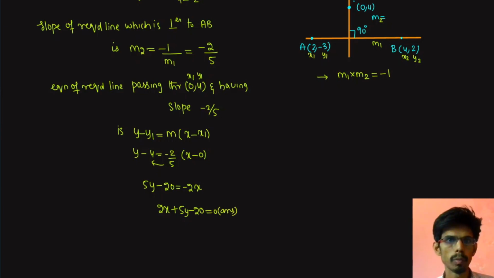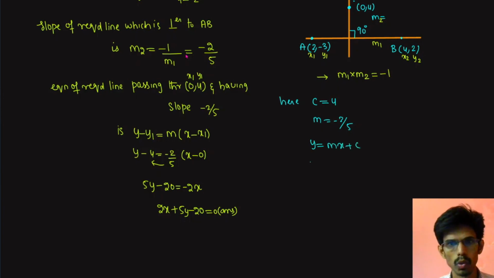Or this can also be solved like this. Y intercept, let us take this as c. So the y intercept is given, that is 4, and we got the slope m equal to -2 by 5. We can use this formula also, y equals mx plus c. So here y equals m value is -2 by 5, x plus c value is 4.